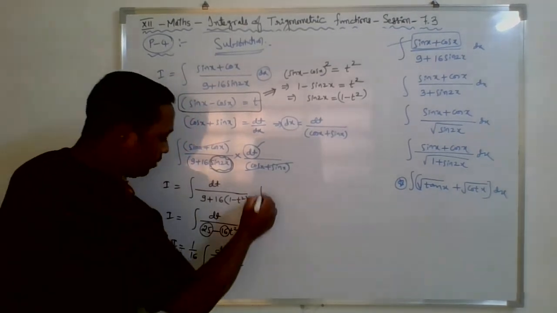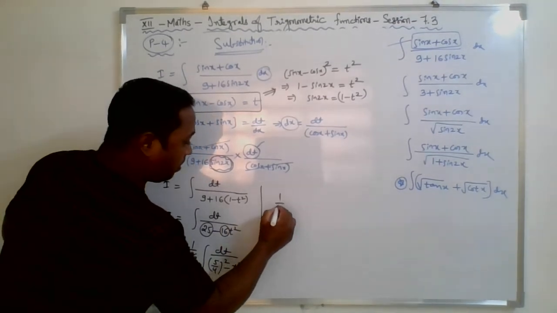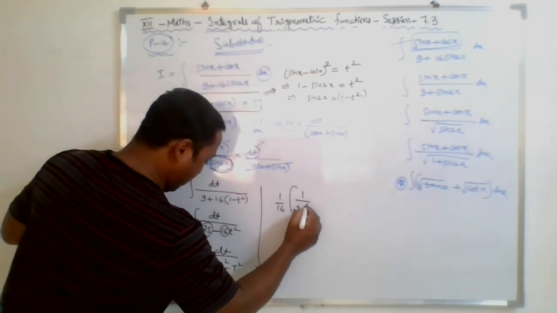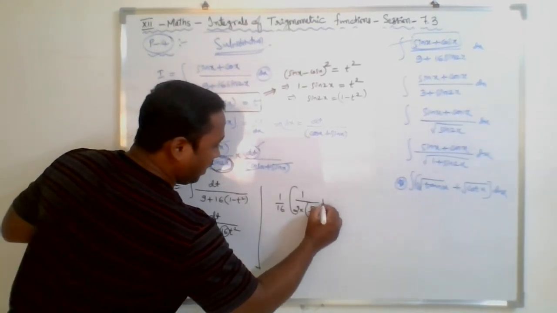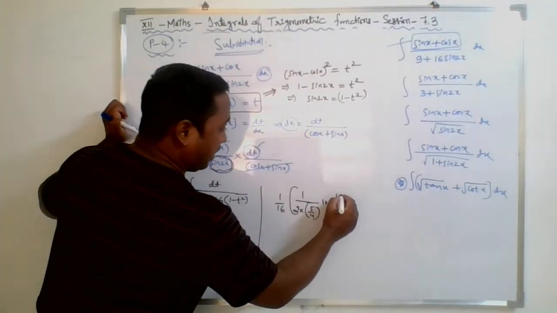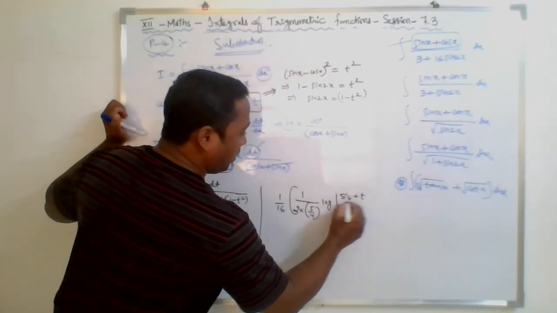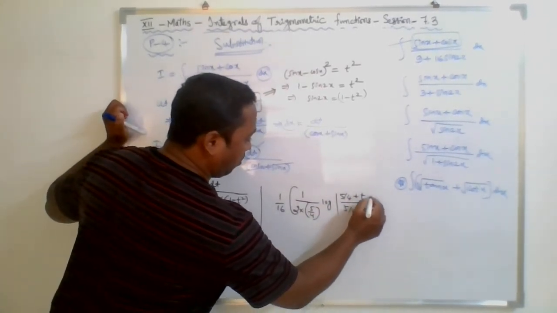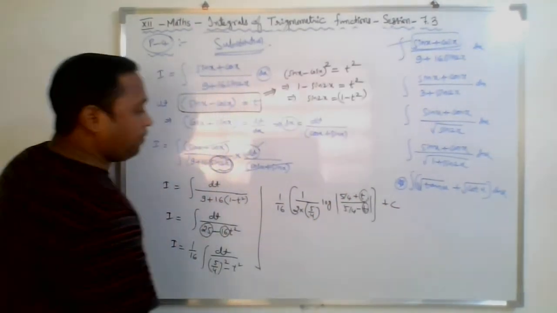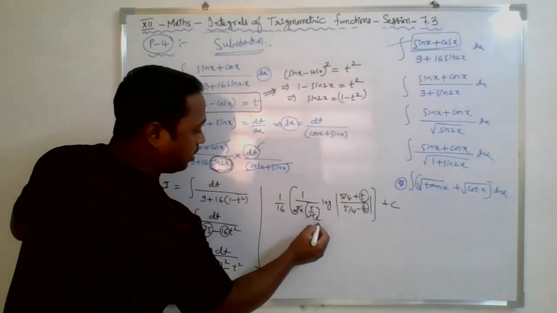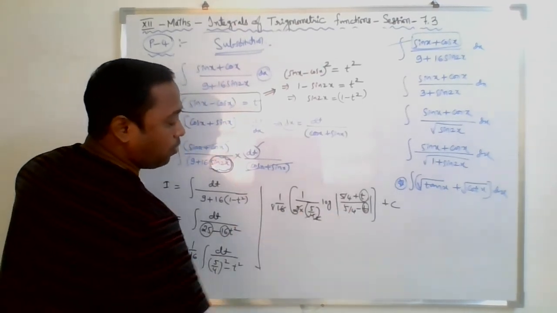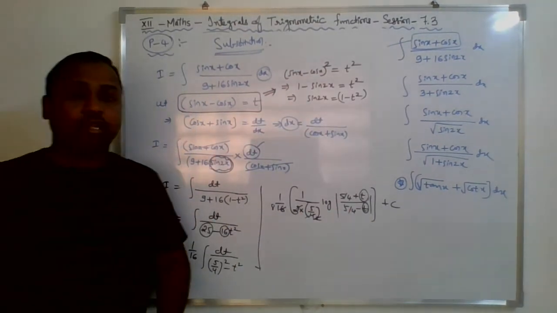So the final answer would be 1 by 16 into 1 by 2a, that is 5 by 4, into log of a plus x by a minus x, that is 5 by 4 plus t by 5 by 4 minus t, plus c. And again you need to change the value of t and simplify further as much as you can, take 4 as the LCM and all, and you will get the final answer.